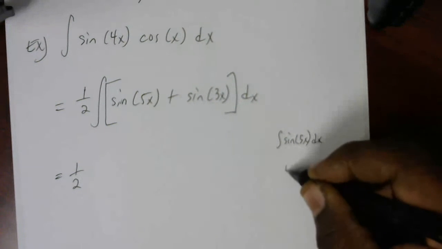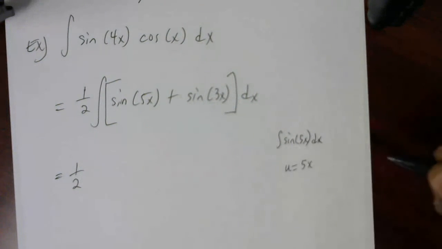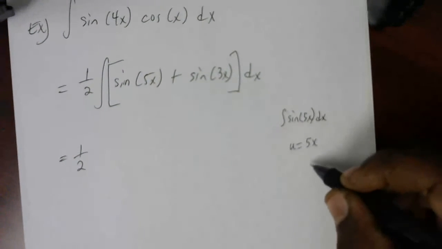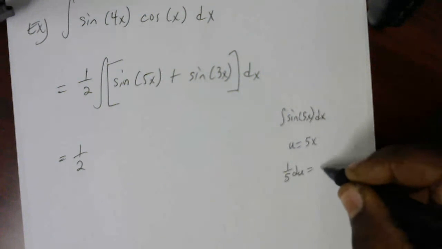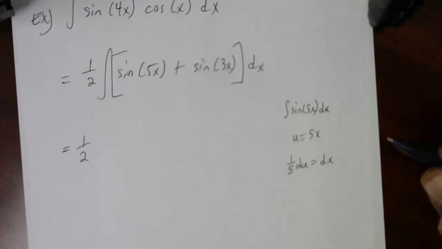I'm going to make a substitution. u is equal to 5x, so 1/5 du is equal to dx.